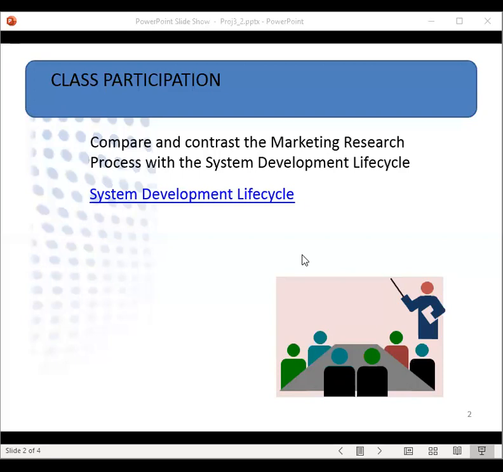The second phase is to design the mechanics of the research. Determine the design, determine the information sources, determine the data collection method, design the questionnaires, and then determine the sample size and sample plan.